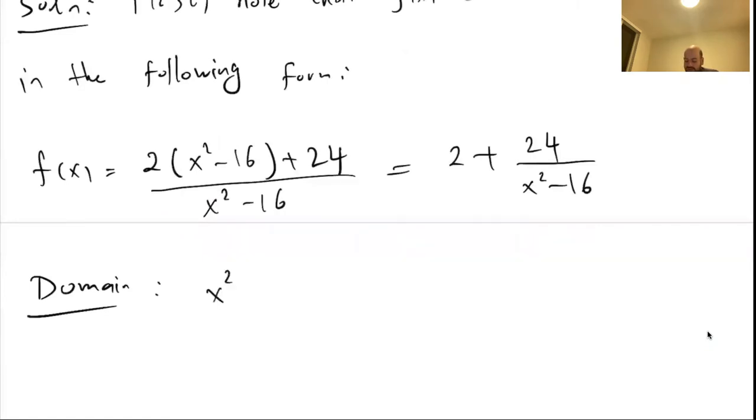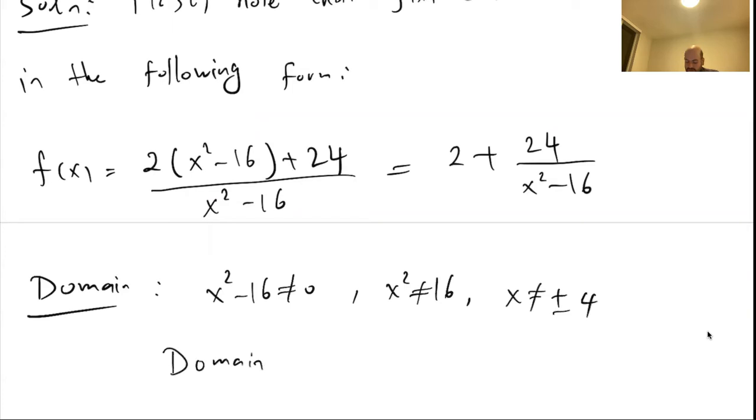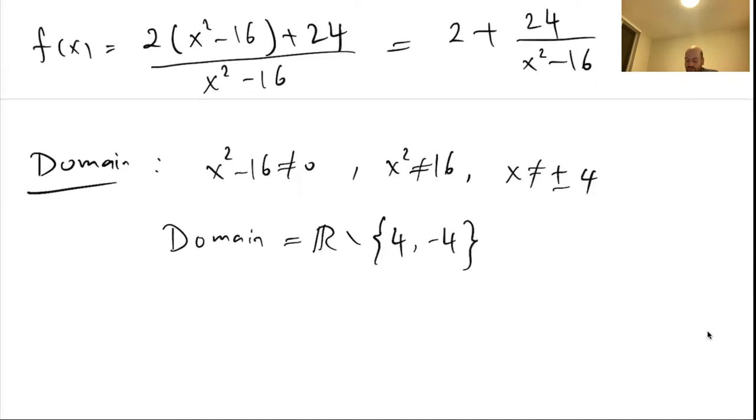I need the denominator to be non-zero. That means x squared not equal to 16. That means x not equal to plus minus 4. So domain equals all real numbers except 4 and minus 4. This is the domain. Then we need x and y intercepts.